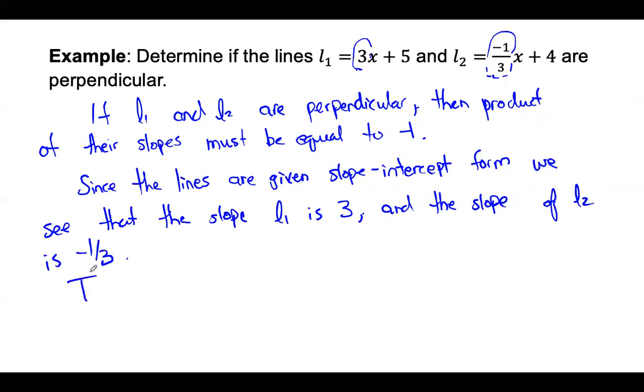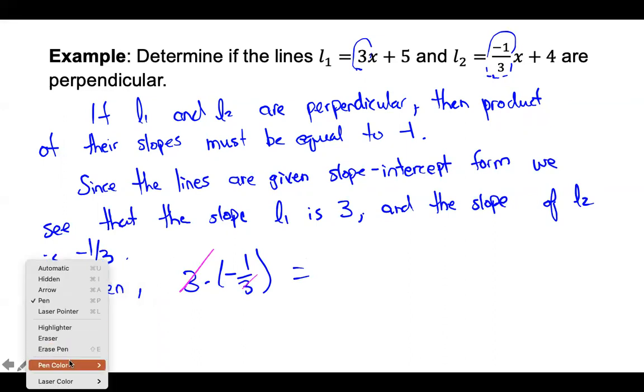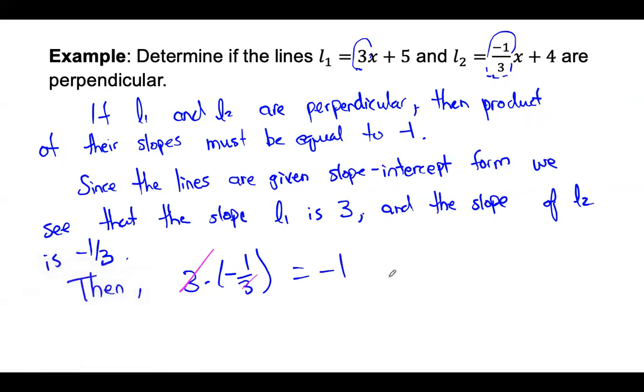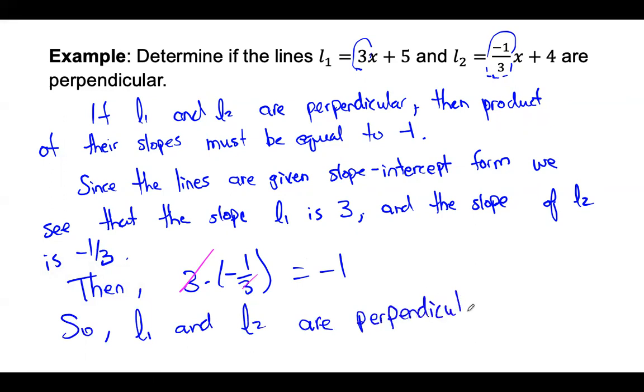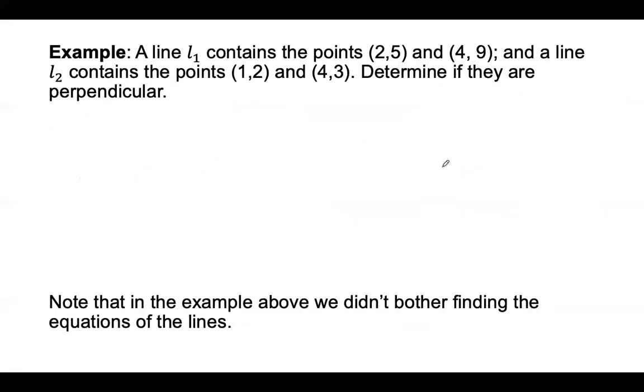So then 3 times -1/3, what's that equal to? Well, obviously the 3's will cancel out. And we get -1. So therefore, L1 and L2 are perpendicular lines, which just means that they're at right angles. That's it for that question.